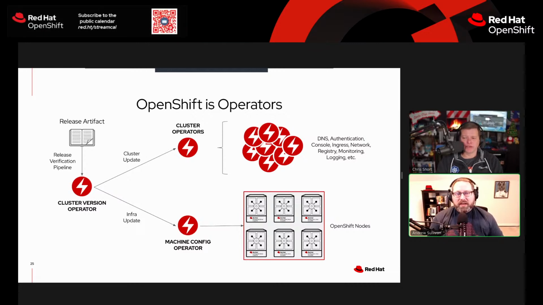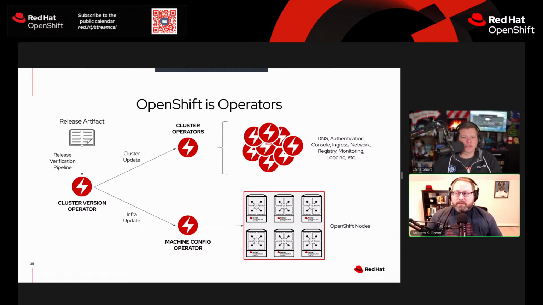All we've done is take vanilla Kubernetes and all of the things that you need with Kubernetes to have a production deployment. And we've done the automation for you of deploying and managing and lifecycling and configuring all of those different components. And we do that, right? OpenShift itself is controlled through the cluster version operator.